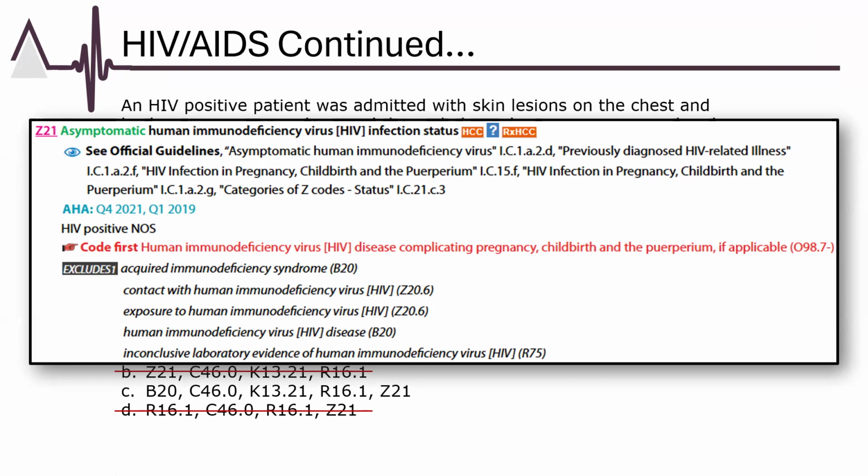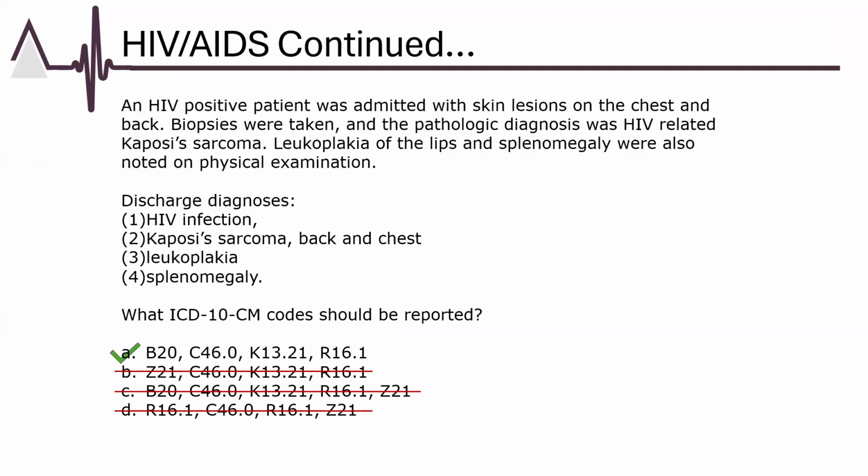In ICD-10, an Excludes1 note indicates that a specific code cannot be used alongside another specified code, ever, highlighting that the two conditions are mutually exclusive. If one diagnosis is present, the other should not be coded. This means that the correct answer is A, eliminating C because B20 and Z21 cannot be coded together.